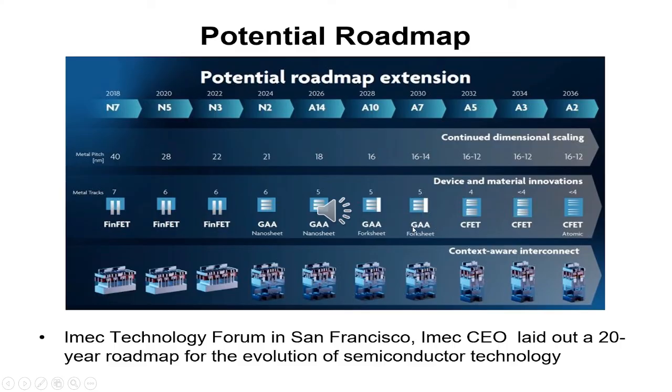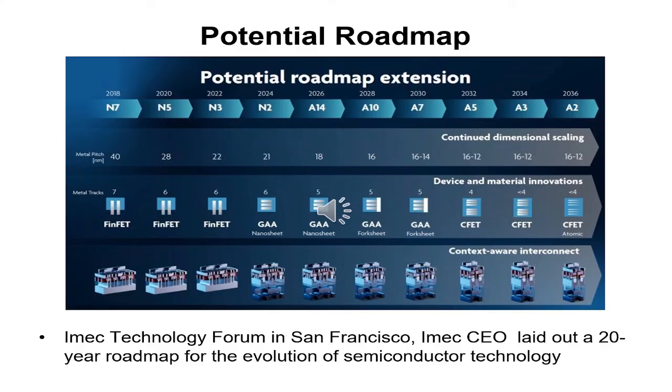There is continuous dimension scaling, as Moore's law told that the transistor count will double every 2 years. But we can't make the transistor the size of an atom.